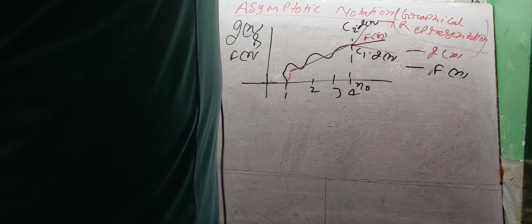This is nothing but f of n, from black color. F of n is always greater than or equal to g of n when we take c1 as a constant, and f of n is always lesser than or equal to g of n if we take constant value c2. This is the graphical representation of theta notation for n naught.